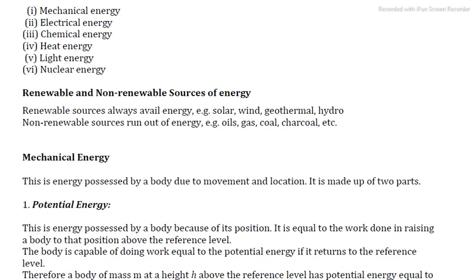We have coal, we have charcoal, among others. These are non-renewable, or exhaustive, meaning they get used up, and since they get used up, they are rare and expensive, but again they are readily available.